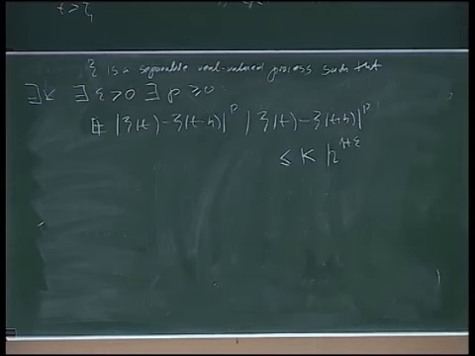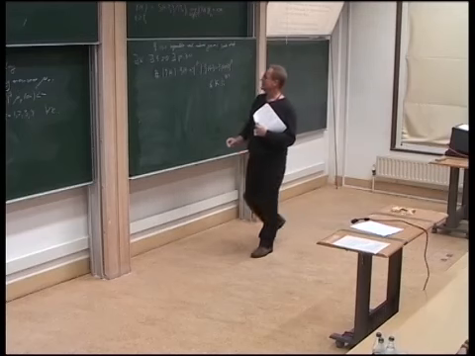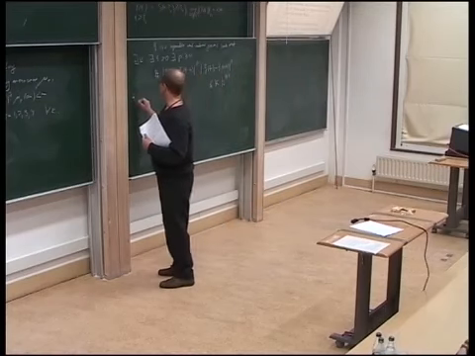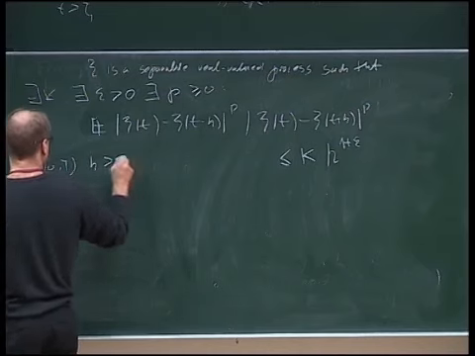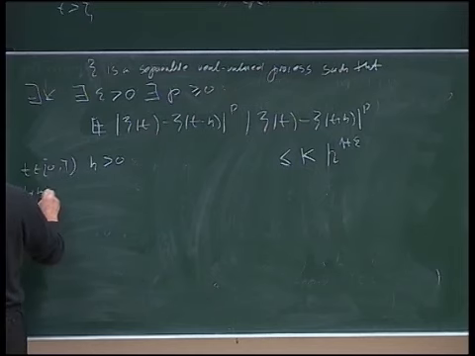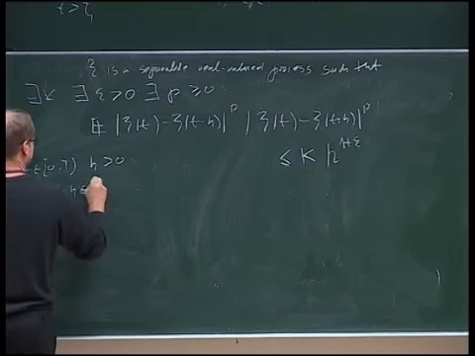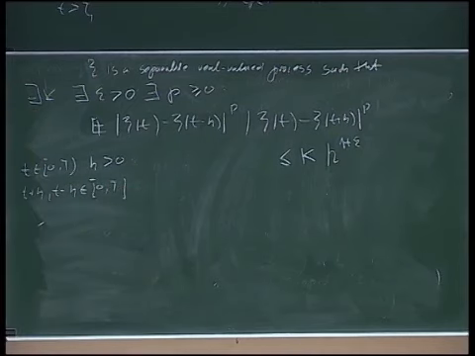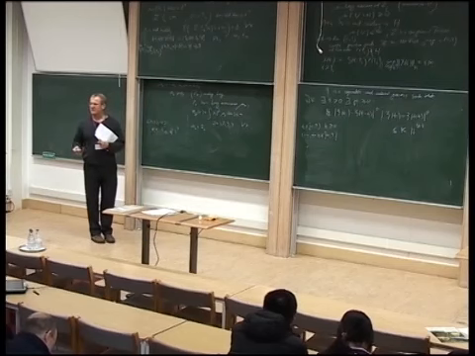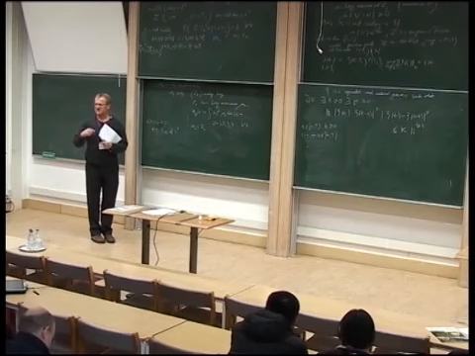And that should be for all t from 0 to T and h such that t plus h and t minus h are in 0 to T. So if we have this, then psi is càdlàg.